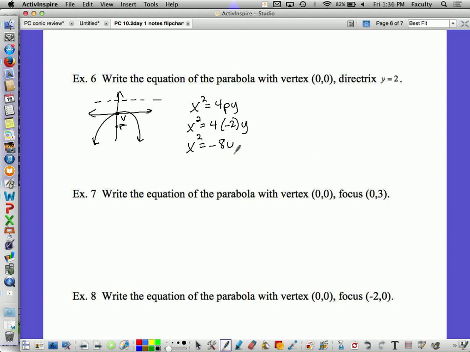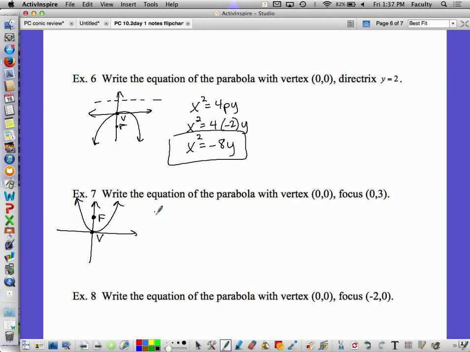All right, just to make sure we're on the right track. Did you get x squared equals negative 8y? Yes, good. Because it opens down, p has to be negative. Now the focus is inside the parabola, okay?